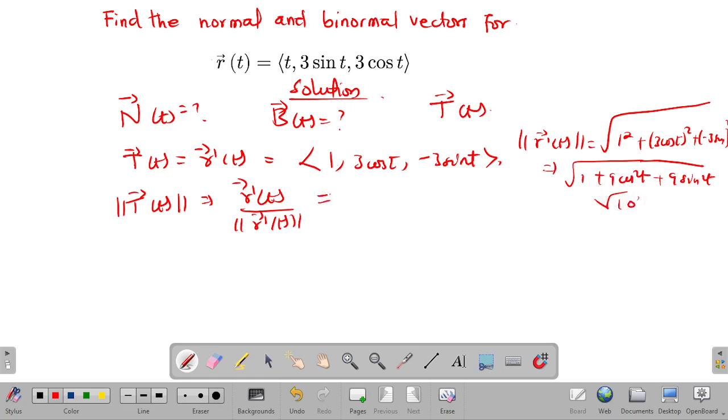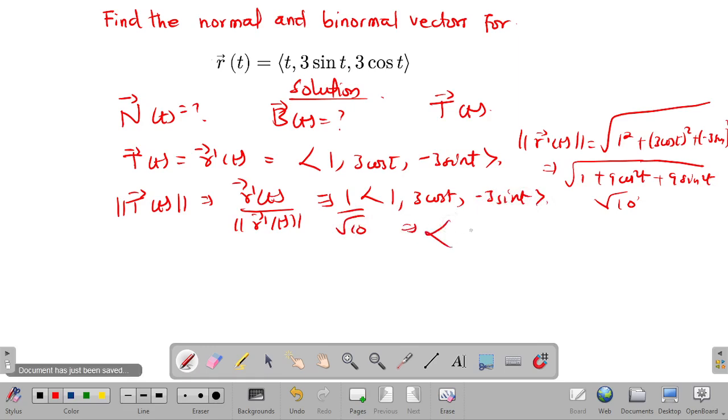Therefore, our unit tangent vector is 1 over square root of 10 multiplying (1, 3 cos t, negative 3 sine t). You can break it further to get a simple vector: (1 over root 10, 3 over root 10 cos t, negative 3 over root 10 sine t). So this is our tangent vector.